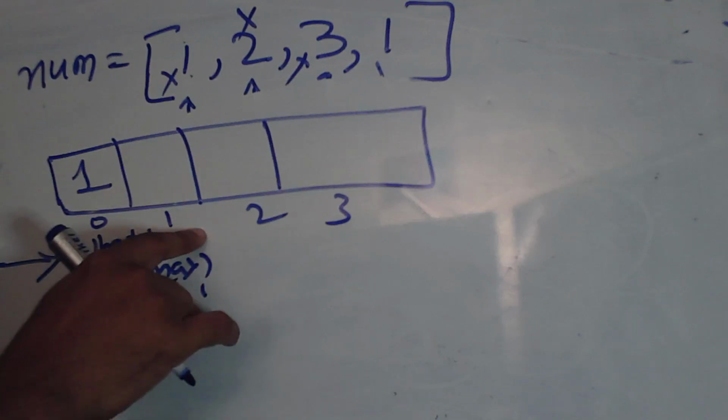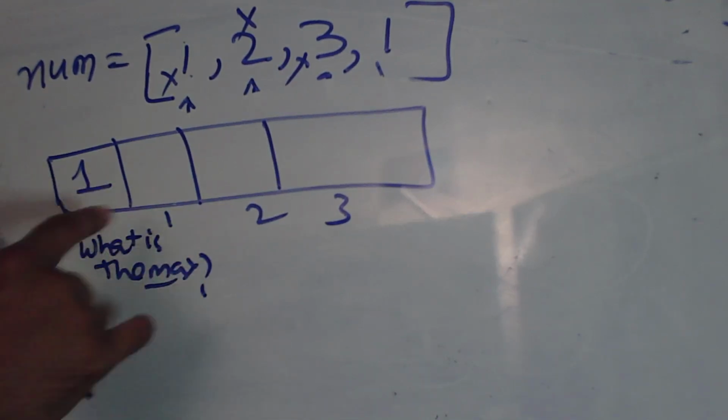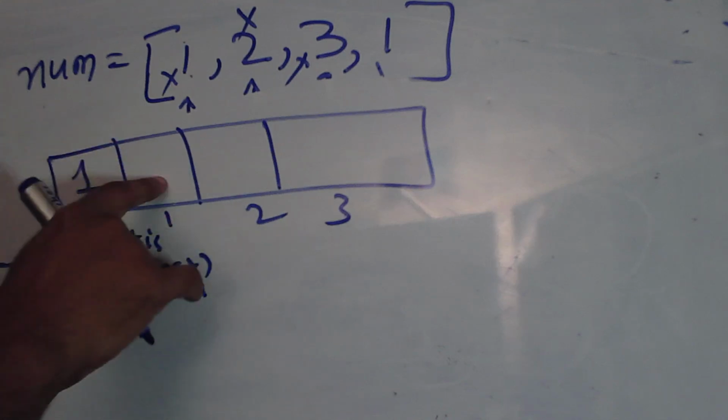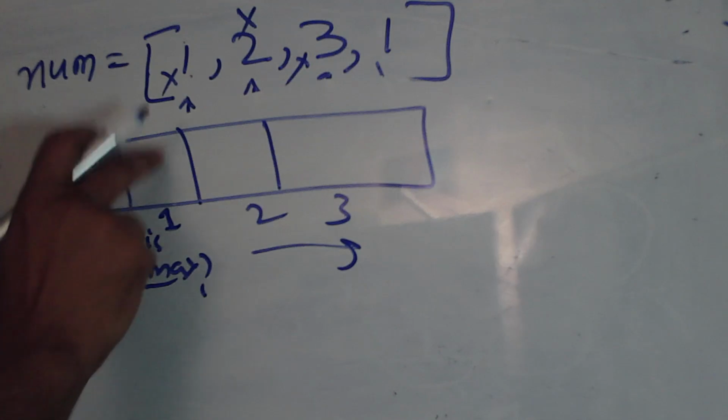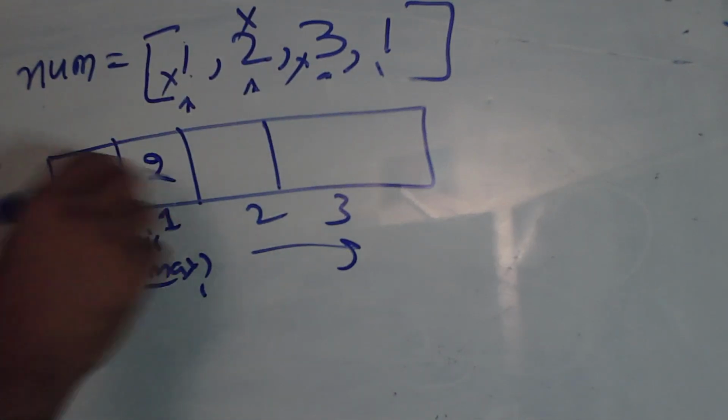In the same way, when you go to index 1, because we cannot consider the adjacent 1 and we don't know anything ahead, the amount we can consider is 2.